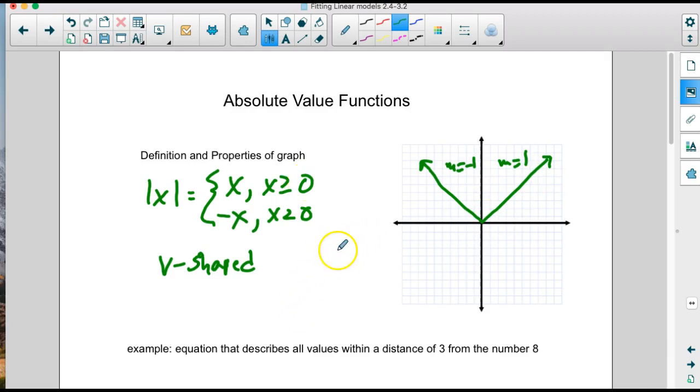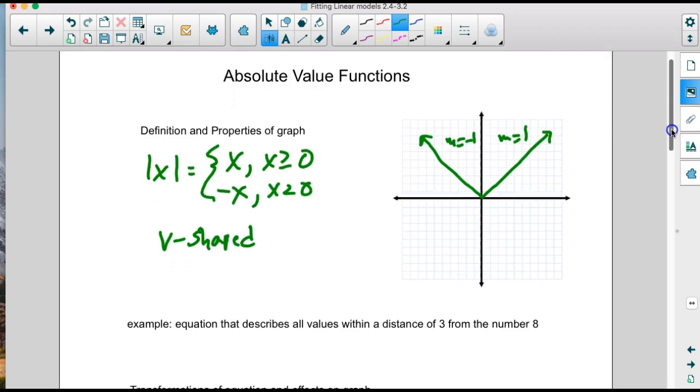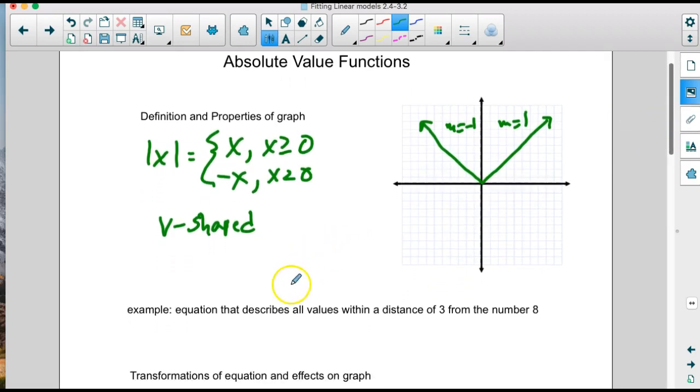Alright, now when do we use the absolute value function? Well, the absolute value function is used to find all values that are a certain distance away from a number. Or the absolute value, basically just the standard one, can represent the distance from 0 on the number line.